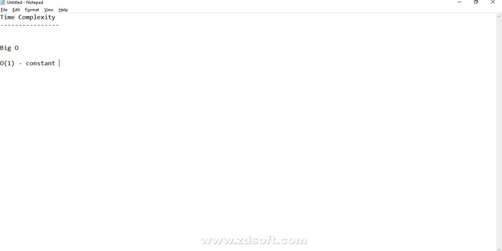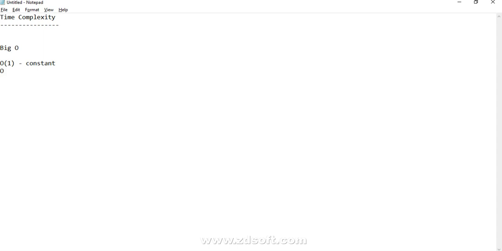So order of one means the time is going to remain constant. For example, adding a node to the tail of a linked list will be in order of 1 always, right?